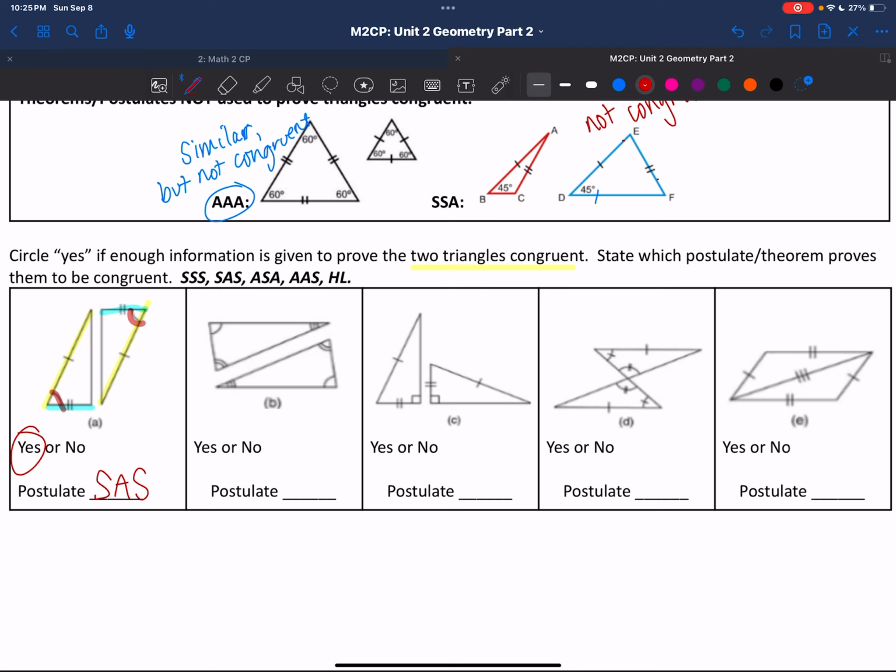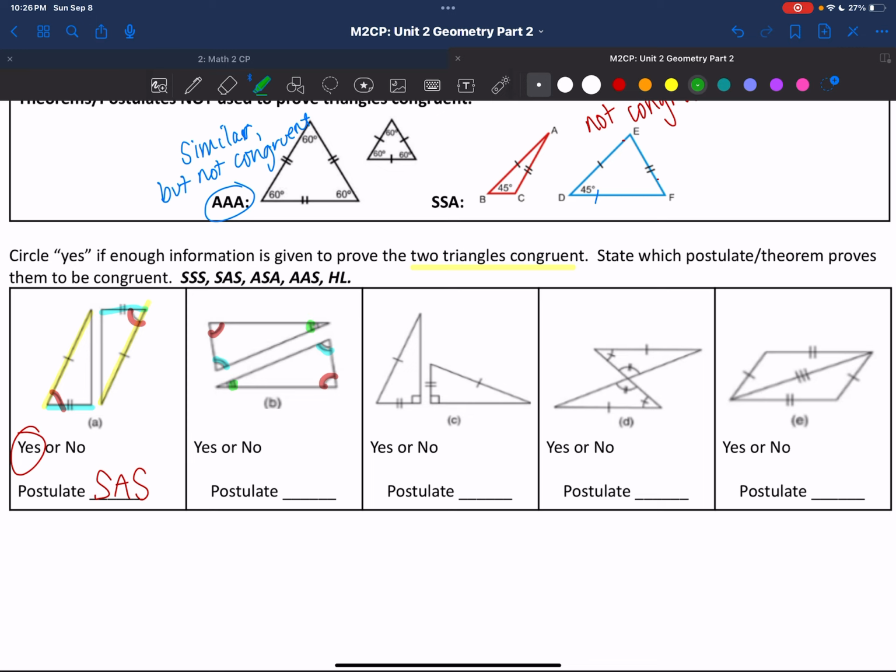Now let's do this next one together, and then you'll do the other ones on your own. So on this one, let's look to see what we have. All right, so we have an angle, an angle, another angle, and another angle.